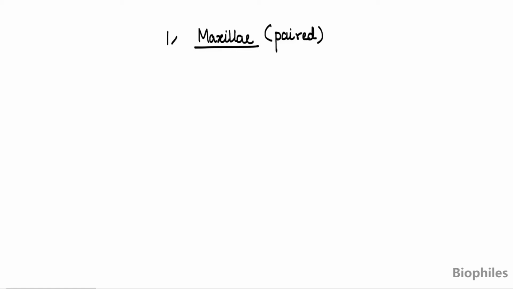Now, the maxillae as well as the labium, they have a bit of a complicated structure. So let me first discuss that. The complication in their structure is that they are further segmented into different parts. These different parts are named according to their position relative to the mouth.